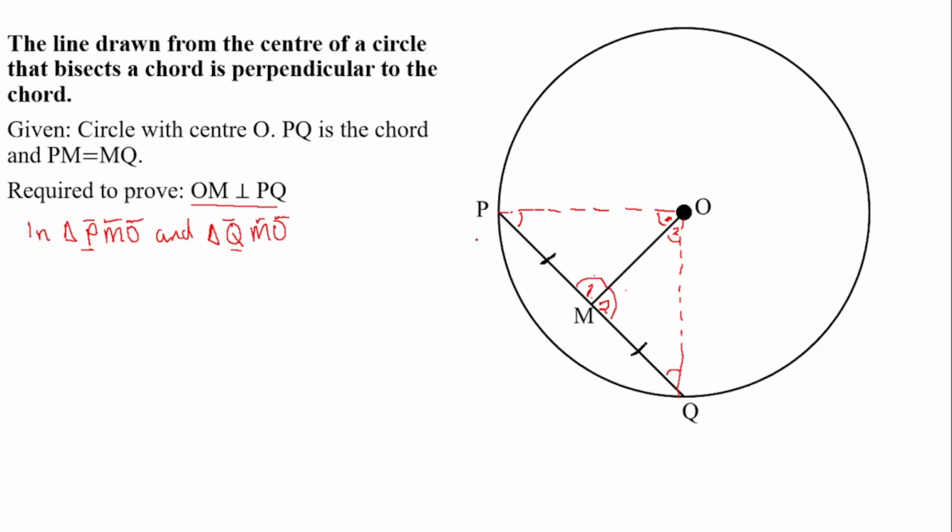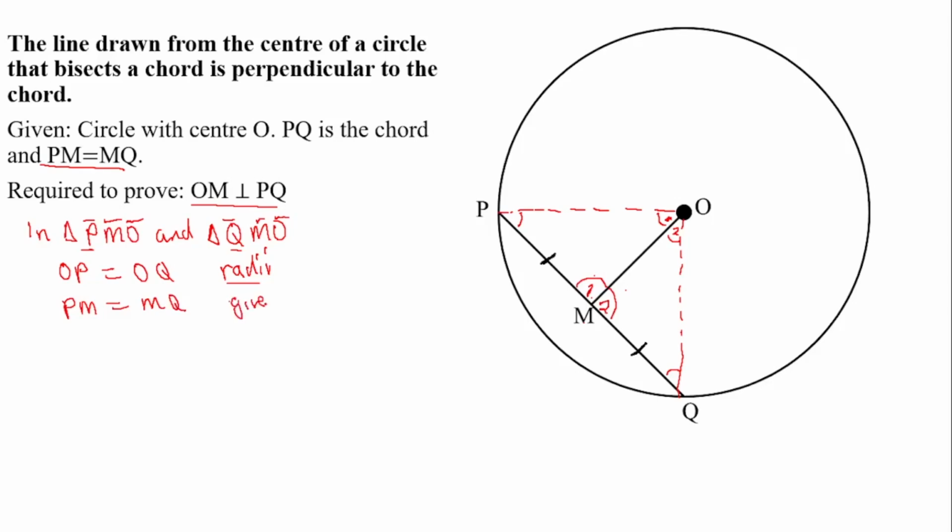So let's do that. So OP, OQ, they are radii. So we can say OP is equal to OQ, they are radii. Right? Okay. We are also given that PM is equal to MQ because we're told that they are equal. So we can say PM is equal to MQ. Right?